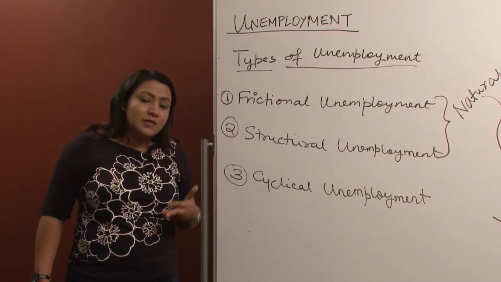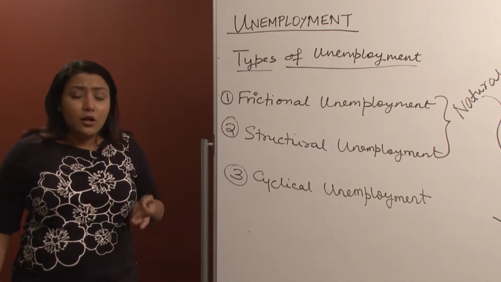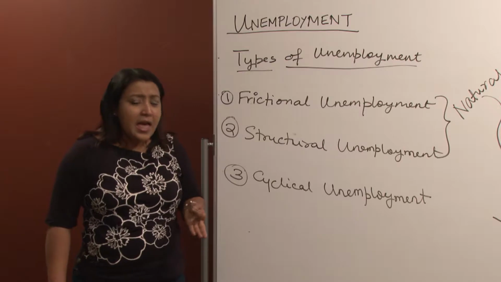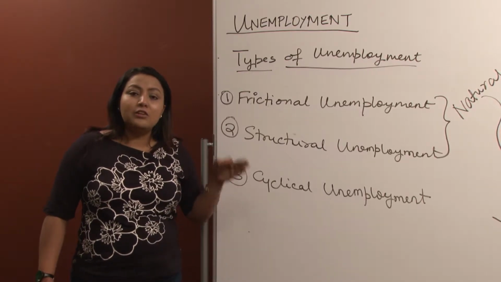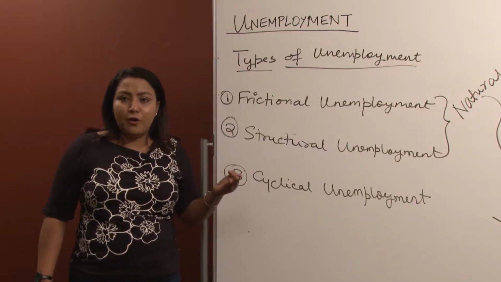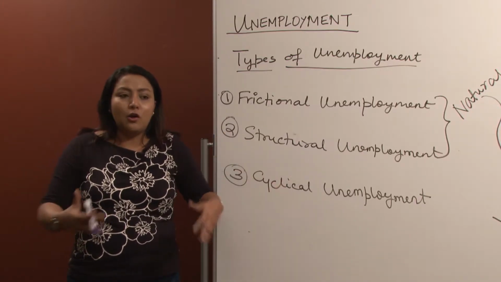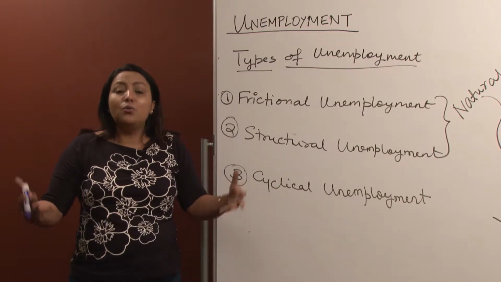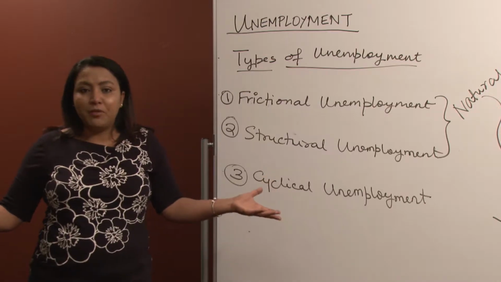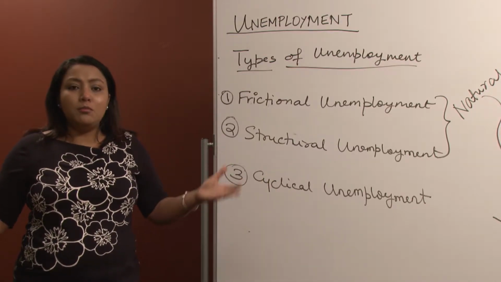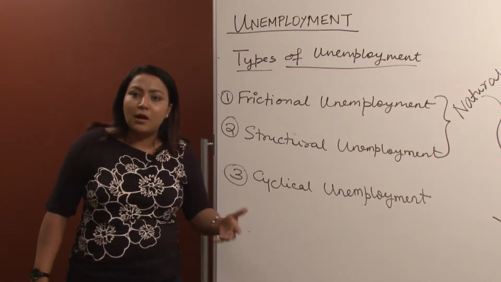So, you can understand from this definition that frictional unemployment is not a cause of serious concern, and I would not be wrong to say that at some levels it is really a positive thing for a country, because the concept of picking and choosing comes in only if you have so many jobs to choose from, right? If the condition of the economy was super bad, then you would just have to take up any job that comes your way.